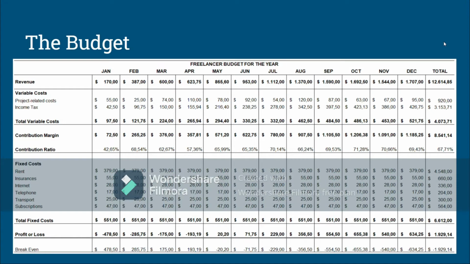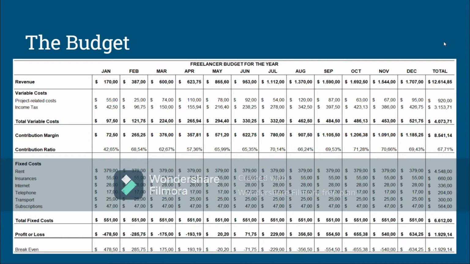Now the budget we can see is for a whole year, and we have the revenue at the top, and as said before, it starts with a lower revenue and then slowly progresses through the months. As you can see, in January the revenue is $107, and then slowly growing through the months.